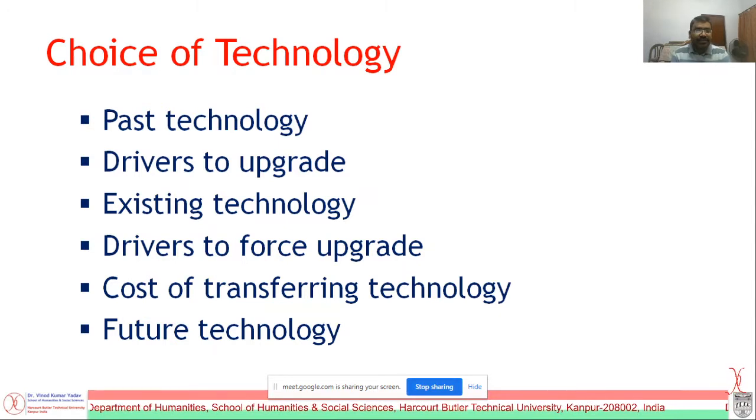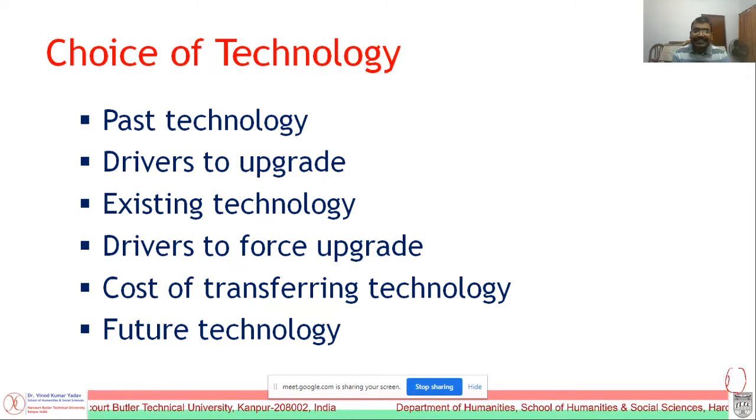Say for example, you are adopting today's existing technology of chemical based, detergent based soap. Now after some time, before your break even, if you are supposed to adopt new technology, moving from existing to future technology, then it will be a very costly affair, and you will not be in a position to bear that much cost.